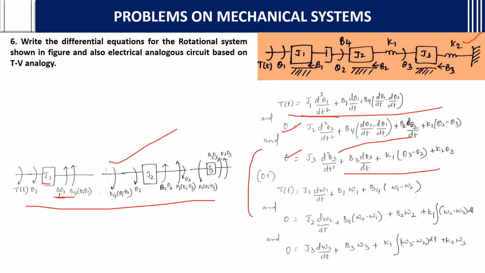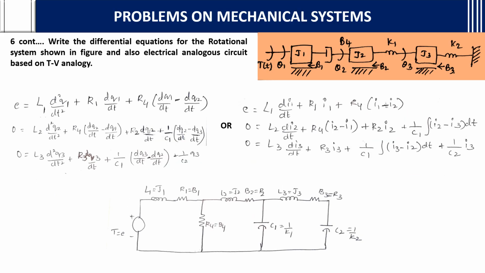In the same way you can write it in terms of angular velocity also, as I said. That's it. But if you want the electrical analogous circuit based on the torque-voltage analogy, then what should we do? We need to convert the 3 equations in terms of inductor, resistor and capacitor.